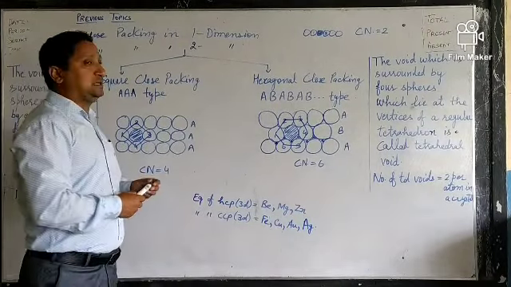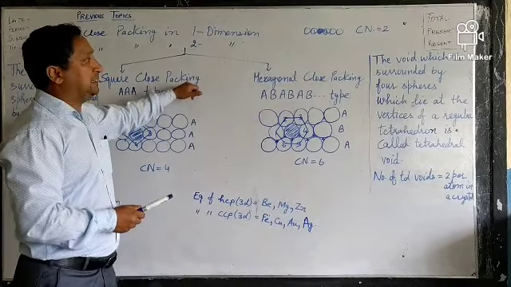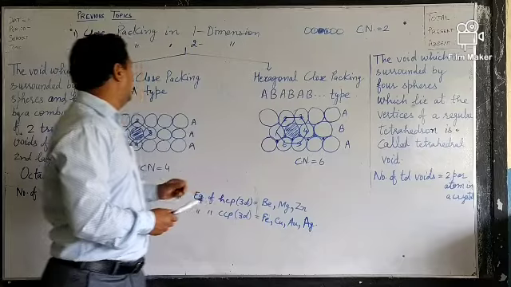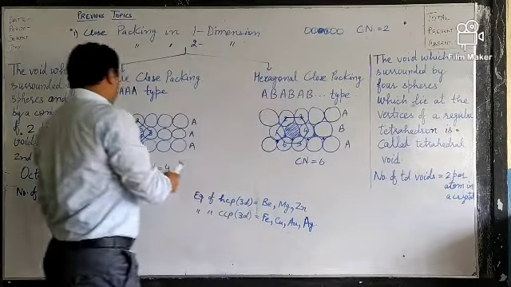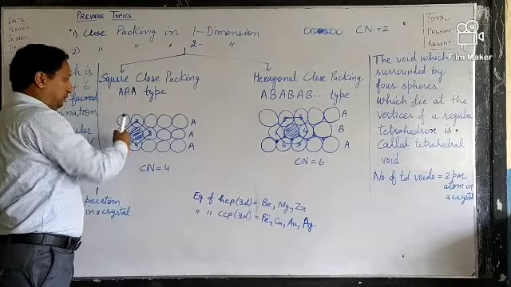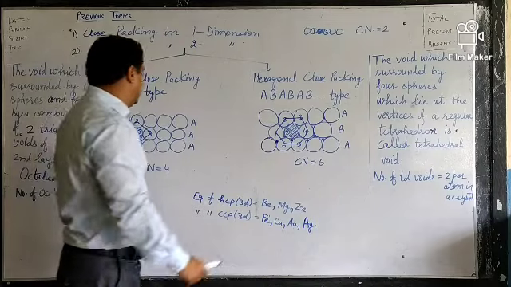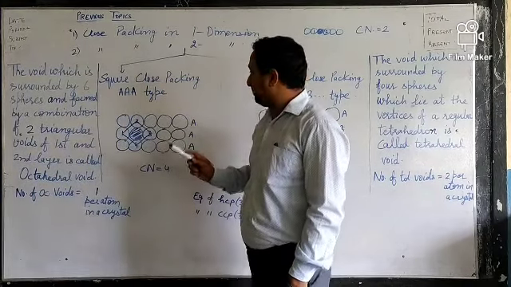In two dimensions, there are two types of close packing: square close packing and hexagonal close packing. As I have put down a row of spheres, if I place the rows one over another, this type of arrangement is formed.